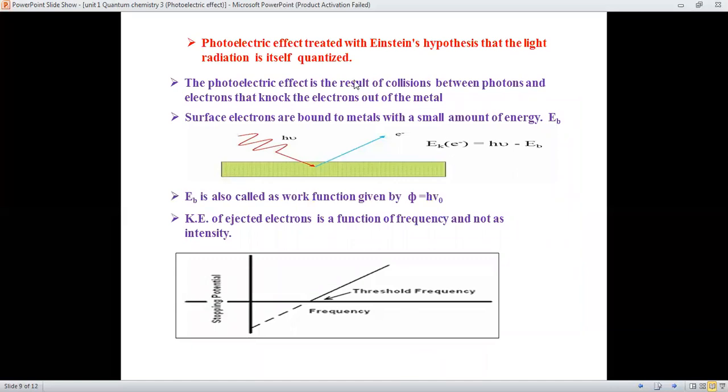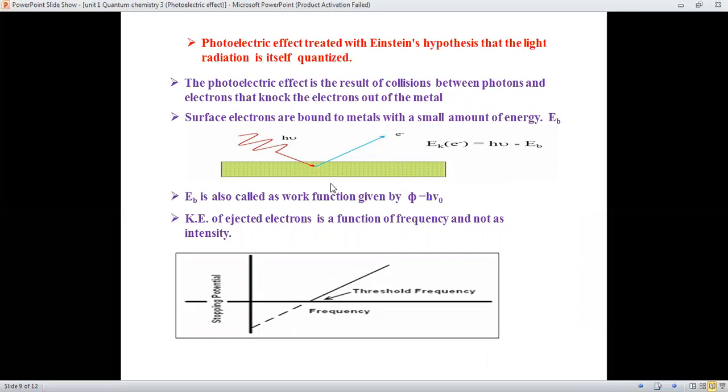So what is happening over here? The photoelectric effect is the result of the collision between the photons and the electron. The photon gets completely absorbed. The energy of the photon is utilized in two ways: it overcomes the work function or the binding energy of that electron, and the ejected electron has some kinetic energy.